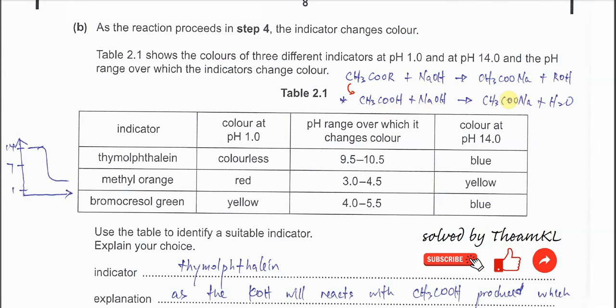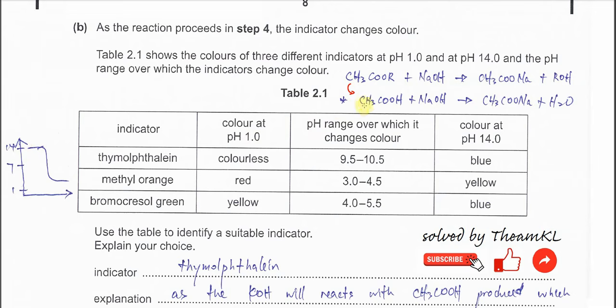So the hydroxide gets less because of the formation of the acid, which means the pH changes: initially around 14 to 13, and it will decrease to around 6 to 7.